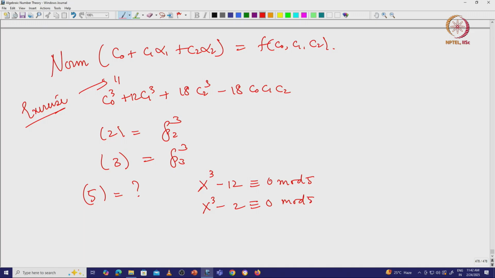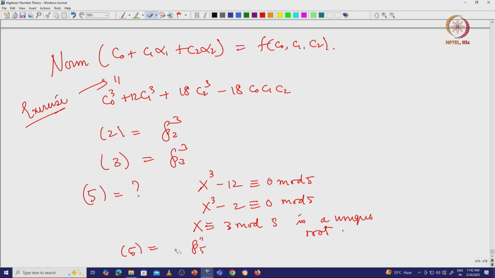Right, and this thing has a root, x congruent to 3 mod 5 is a unique root, right. And so, what we get is that 5 as an ideal is P5 prime and P5 double prime.